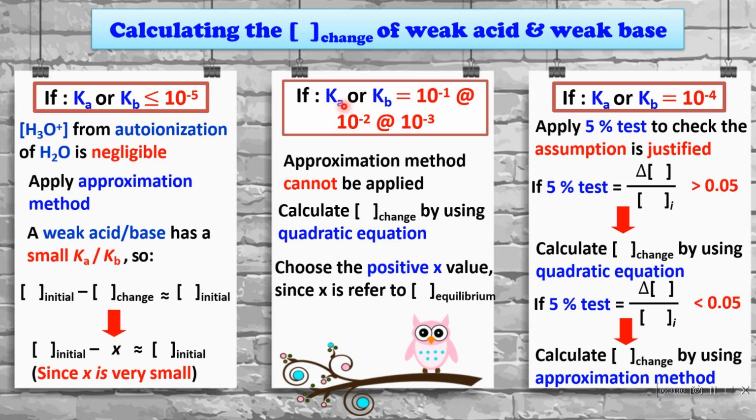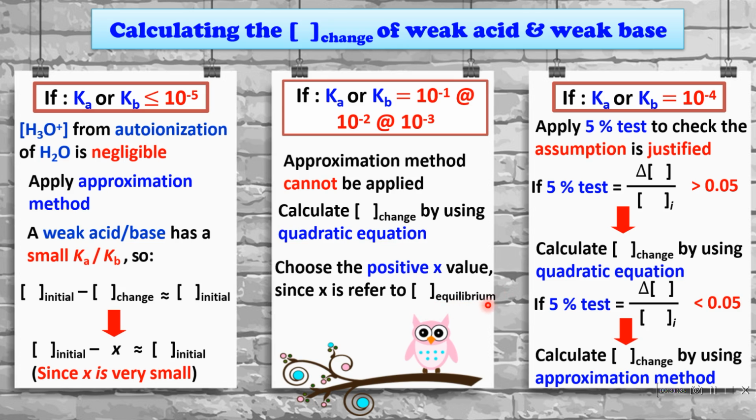For the second case, if Ka or Kb is equal to 10 power of negative 1, negative 2, or negative 3, you cannot apply the approximation method. So you have to calculate the change in concentration, which is the value of X, by using the quadratic equation, and only choose the positive value because X is referred to the concentration at equilibrium.